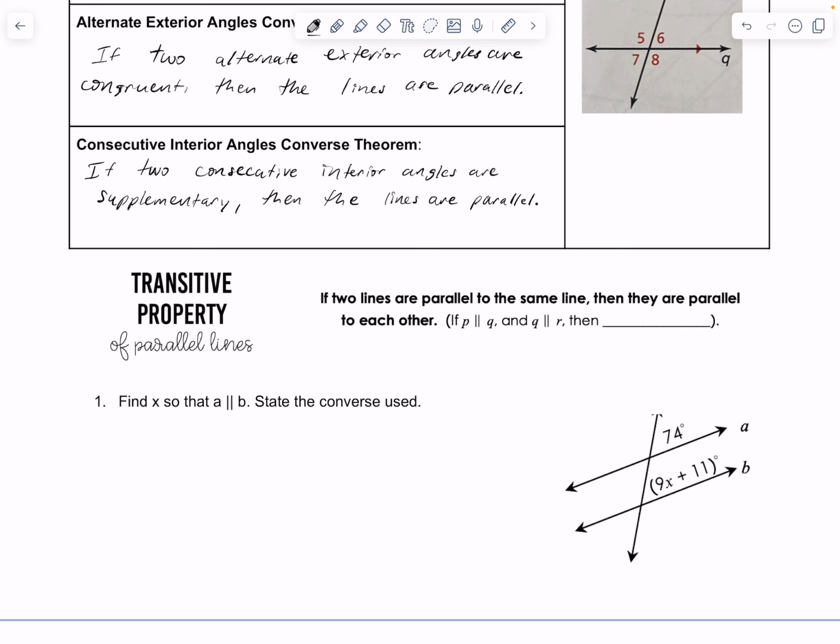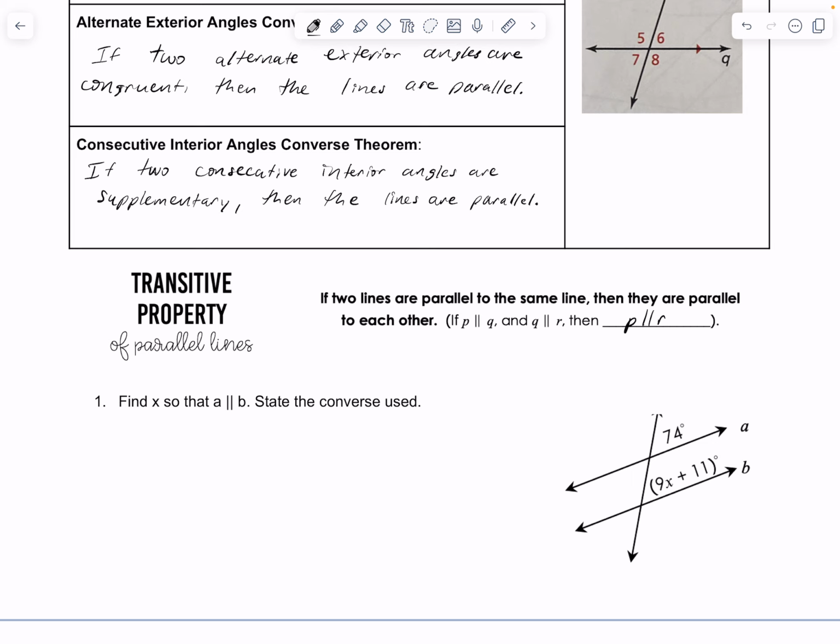So in this case, if two lines are parallel to the same line, then they are parallel to each other. So if line P is parallel to line Q and line Q is parallel to line R, then based on this transitive property, line P must be parallel to line R. Okay, we'll be talking about that very soon.